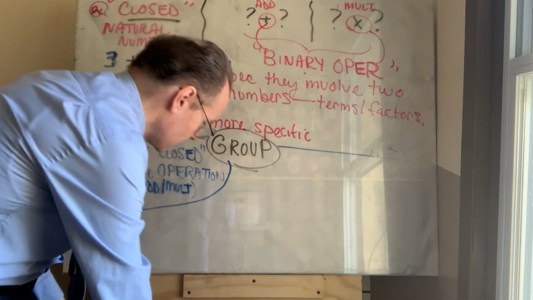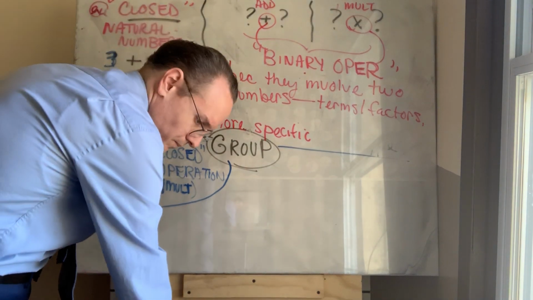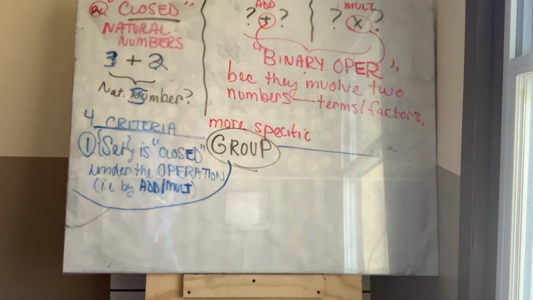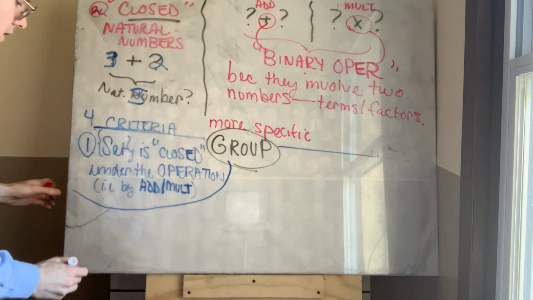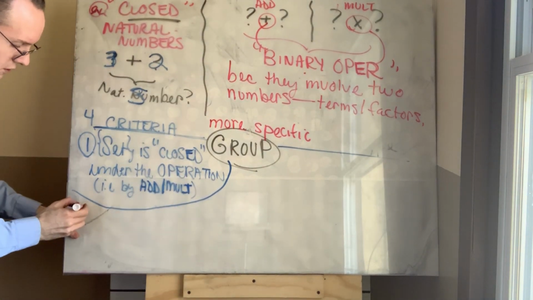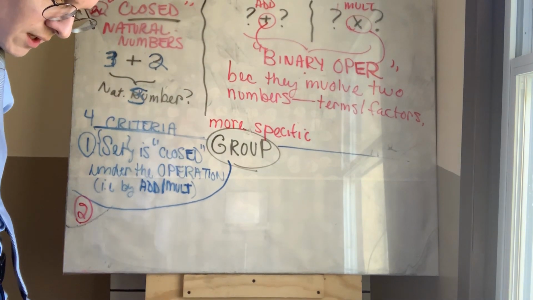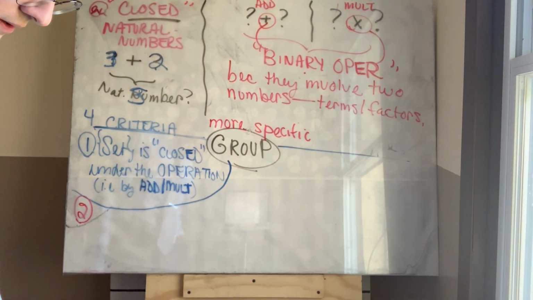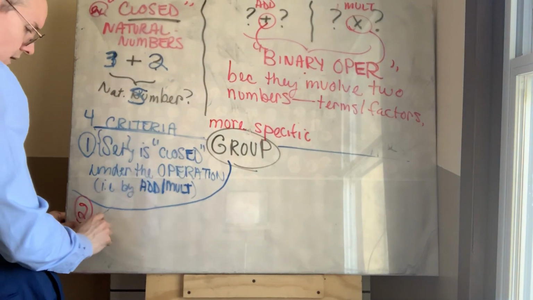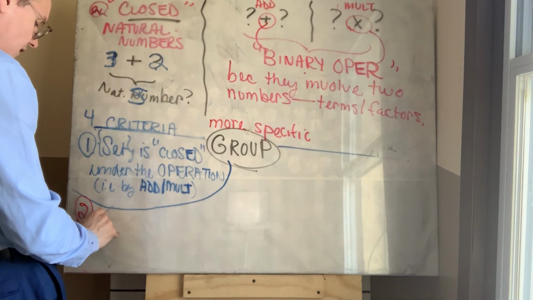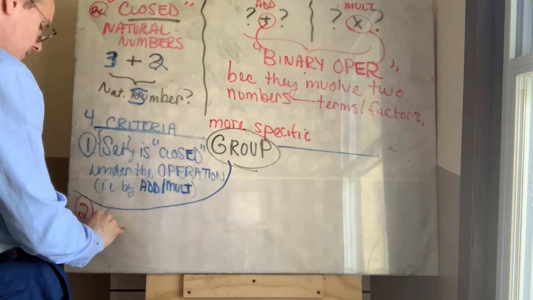Okay. Getting back to our criteria, because there's 4 of them. Let's see if I can squeak this in here. Number 2. Something is qualified as a group if it has an identity element.